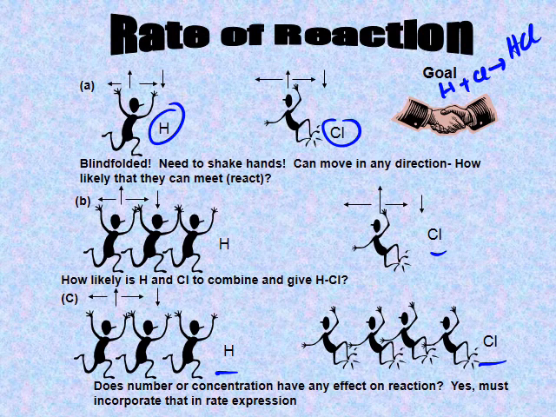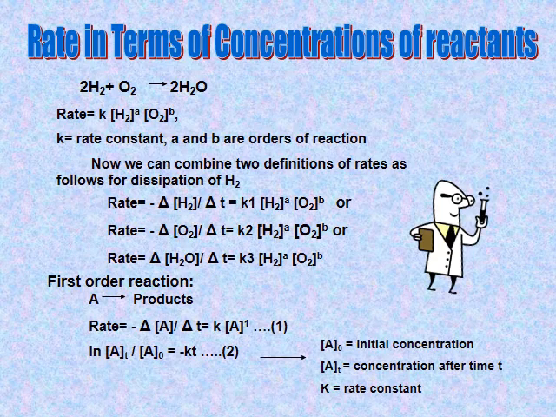So we express rate with another expression, which is based on concentrations. This is how we can write down the second rate: concentration of reactant 1, concentration of reactant 2, multiplied together. Also, there is a constant. We call it the rate constant, K1 in this case, for the first reaction, which deals with dissipation of hydrogen.